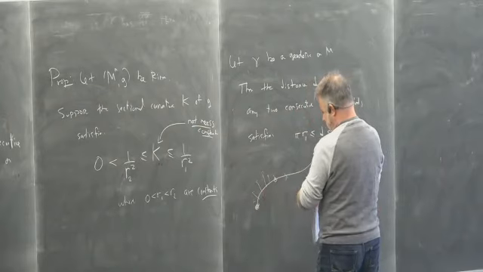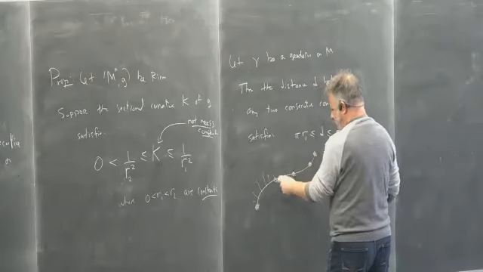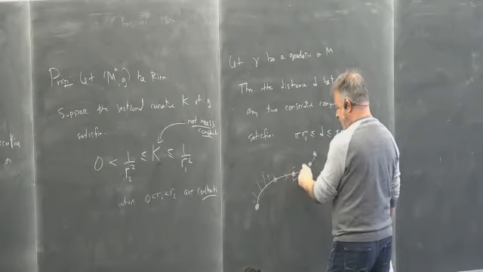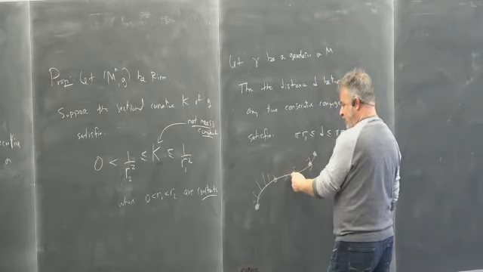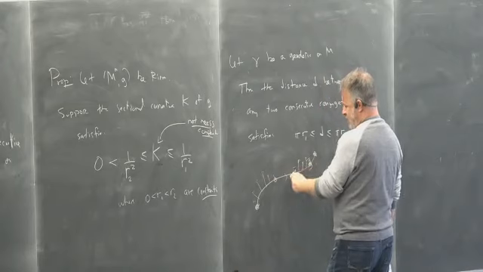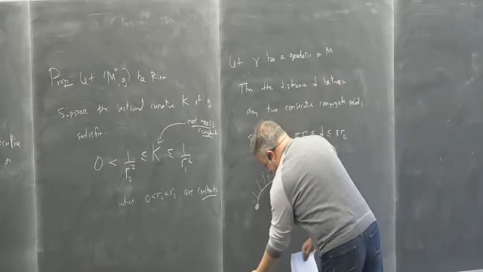But you might have two points on this curve which are conjugate in the sense that if you restrict the geodesic to this interval, then this point is conjugate to this one. That means there's a non-trivial Jacobi field along here which vanishes here and here. Okay, so that's what we mean by two consecutive conjugate points.